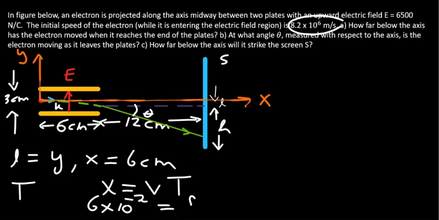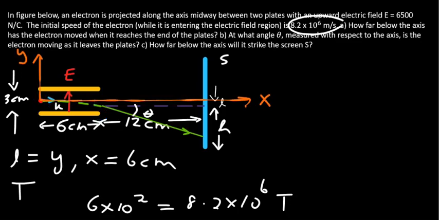The speed is 8.2 times 10 to the power 6 times the time of flight, and you can determine the time of flight. When I say the time of flight, it's the time taken by the electron to go from here all the way to there. Solving for capital T, you'll get the following number, 7.3 times 10 to the power minus 9 seconds.